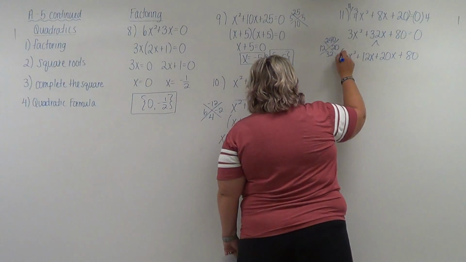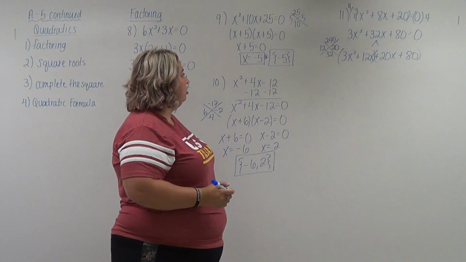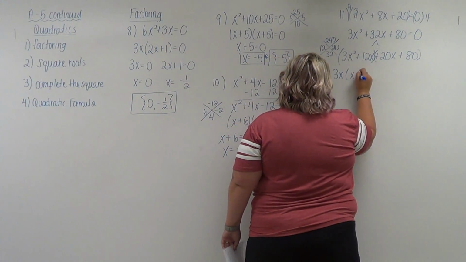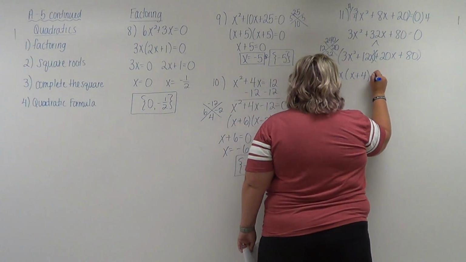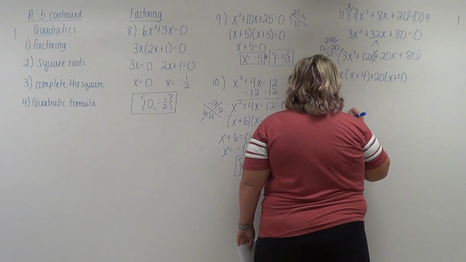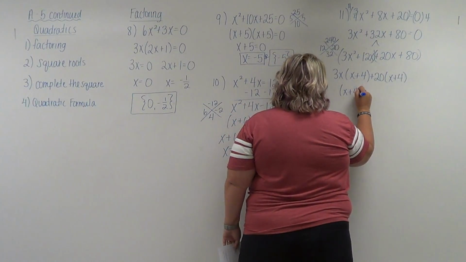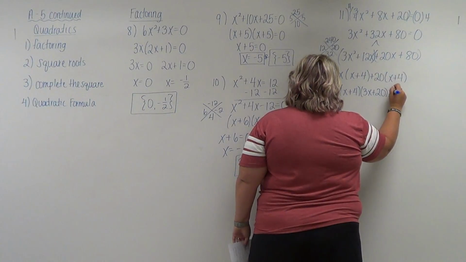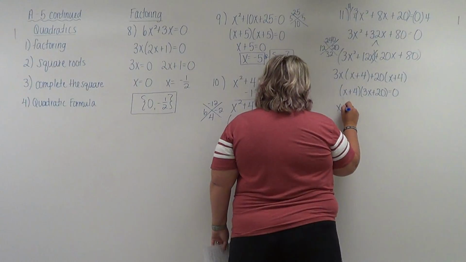Then I'm going to factor by grouping. So the first group I can factor out a 3x, leaving x plus 4. Second group I can factor out a 20, left with x plus 4. So this factors into x plus 4, 3x plus 20. And then I would set each part equal to 0.